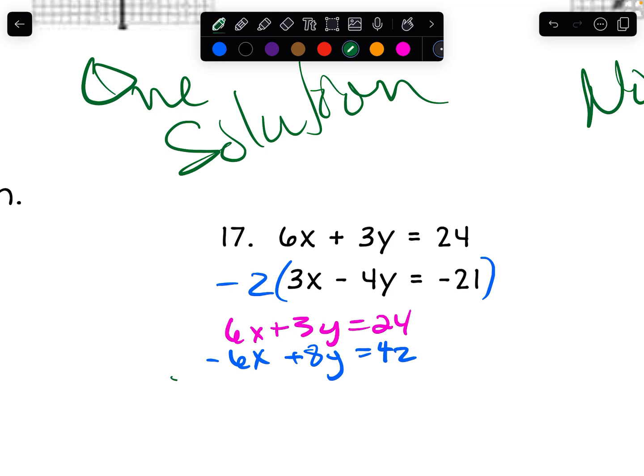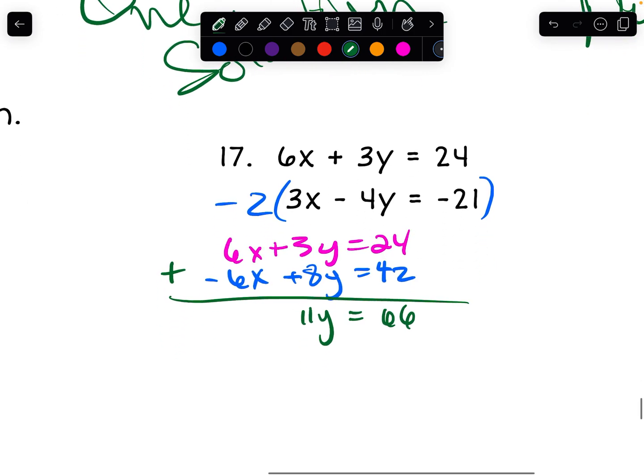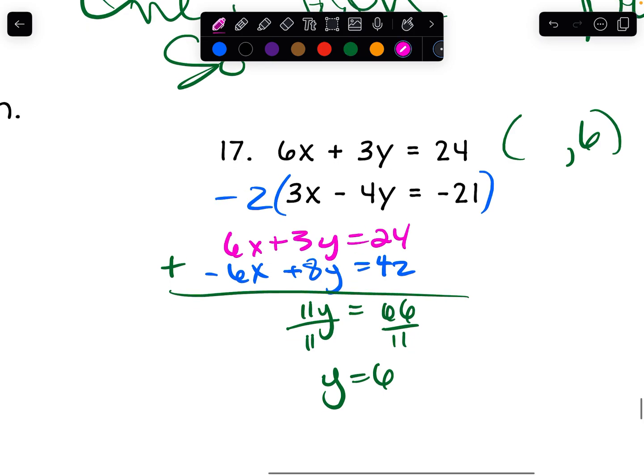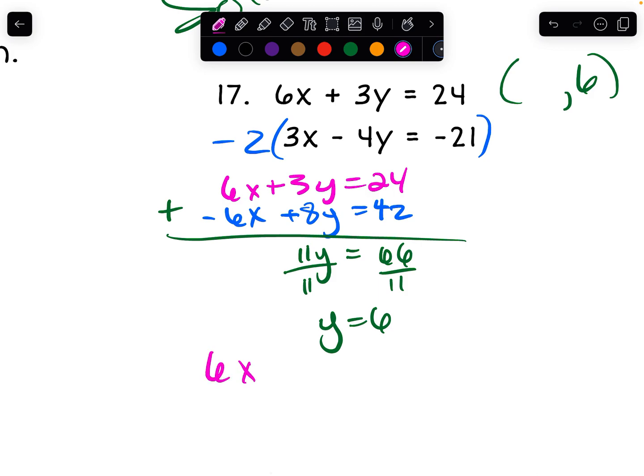So that's going to get me 42. So now I'm going to add these. That's going to get me 11y equals 66. Divide by 11 and get y equals 6. So now I pick either one of the equations. I don't care. I'm going to pick the first one just because: 6x plus 3y equals 24.